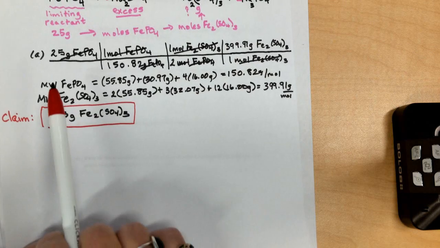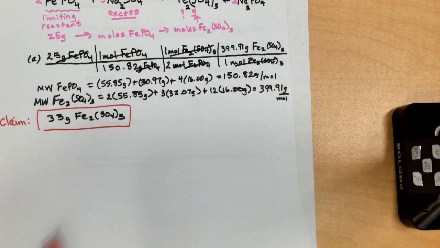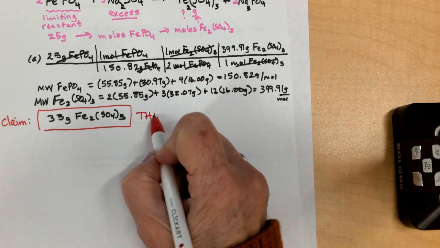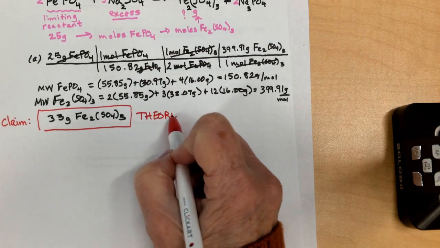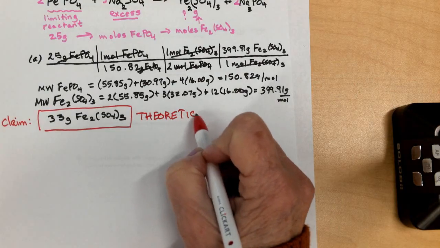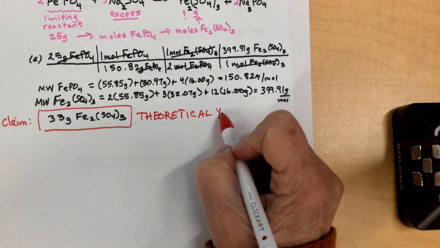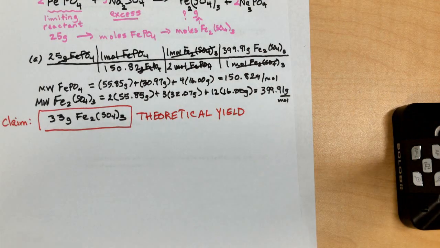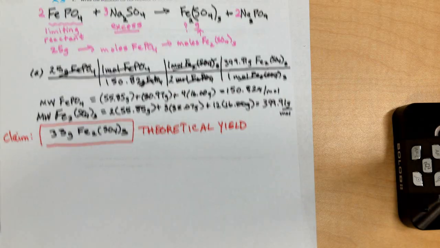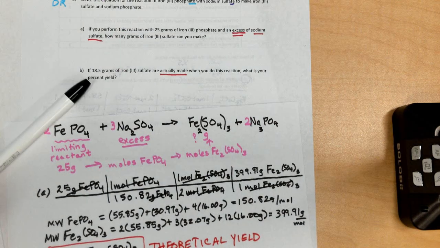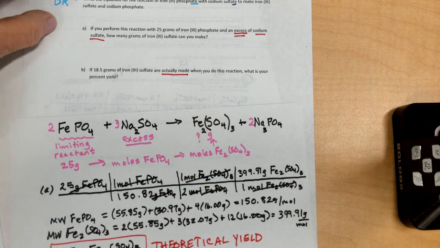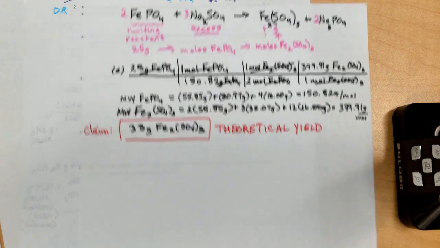What we calculate through our stoichiometry, this is my theoretical yield. That's what we get in a perfect world. So that's theoretically, we should make that. Actually, we only made 18.5 grams. So the percent yield then is simply our actual.